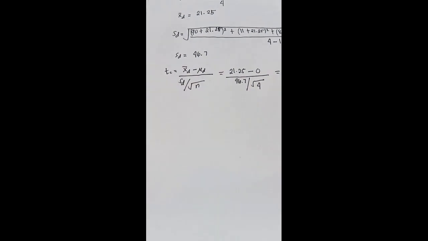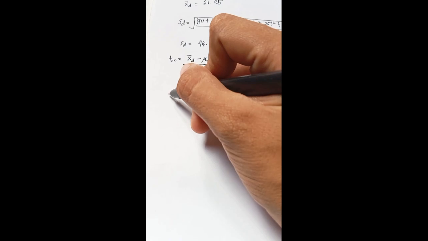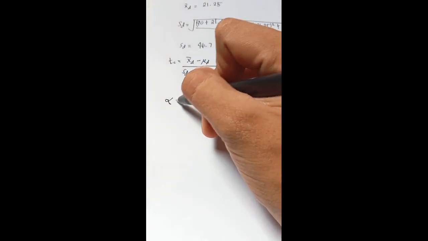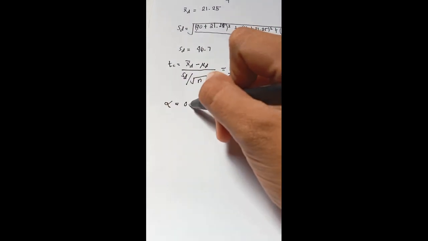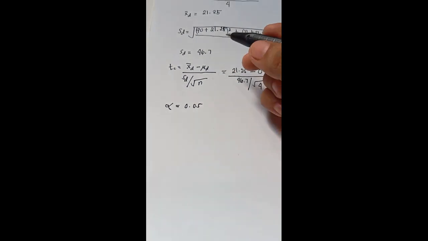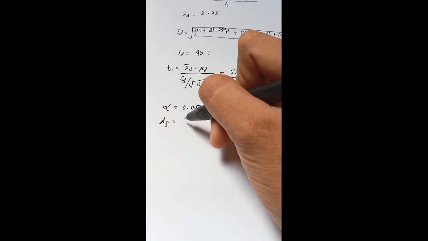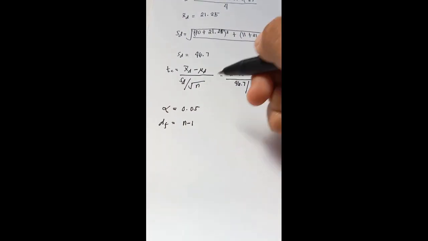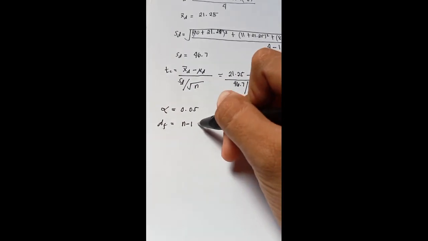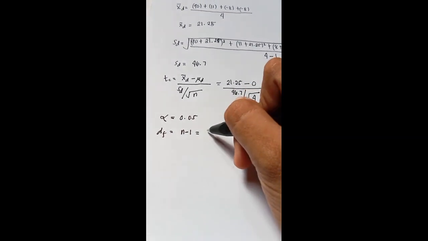So now let's proceed to the critical value. Alpha equals 5%, or 0.05, and the degrees of freedom equals n minus 1. The n is 4, so 4 minus 1 equals 3.